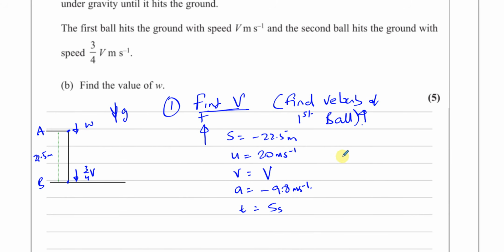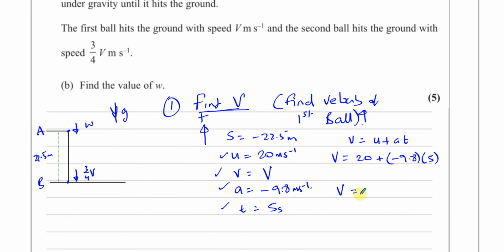With this, I can use the equation V equals U plus A times T. I have to deal with V, U, A, and T. That's probably the easiest one. So our final velocity of ball A, V, is equal to U, which is 20, plus A, which is negative 9.8, times T, which is 5 seconds.